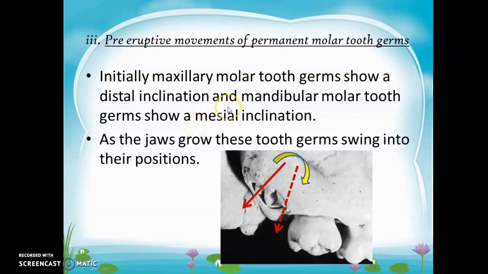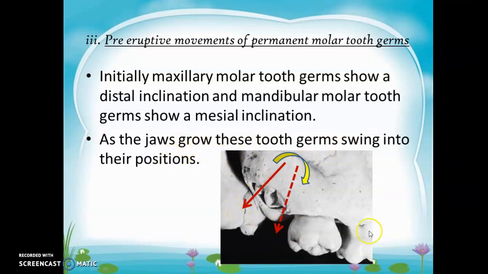The permanent molar tooth germs, which do not have predecessor teeth, show a different type of pre-eruptive movement. Initially, the maxillary permanent molar tooth germ shows a distal inclination and the mandibular permanent molar tooth germs show a mesial inclination. As the jaws grow, these tooth germs swing into their position.